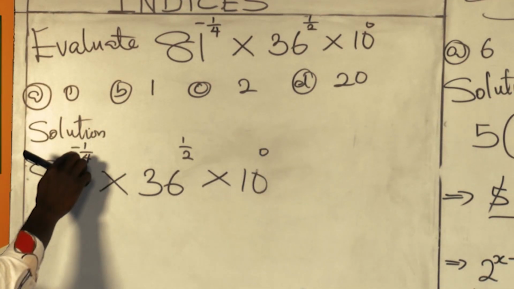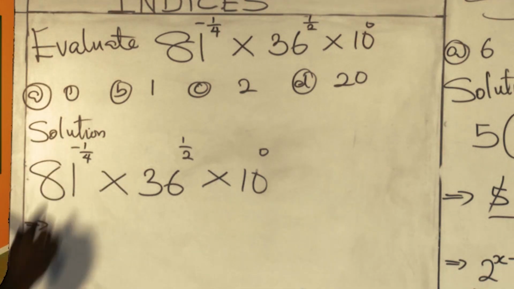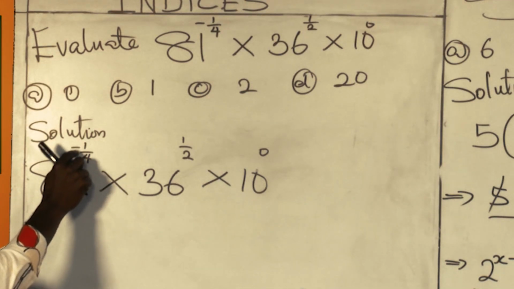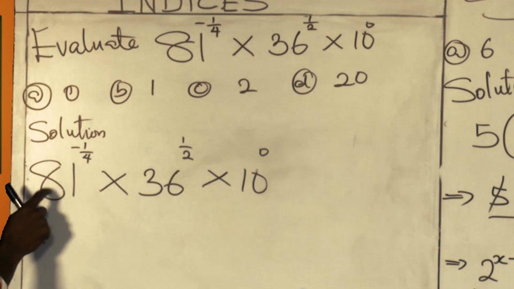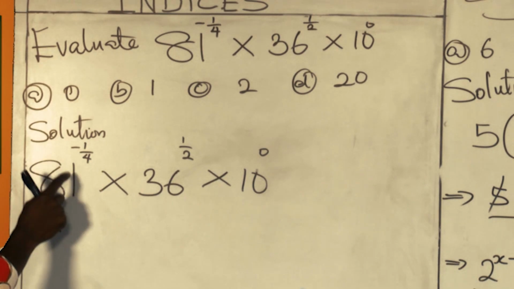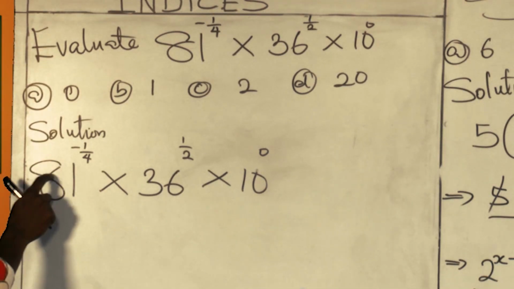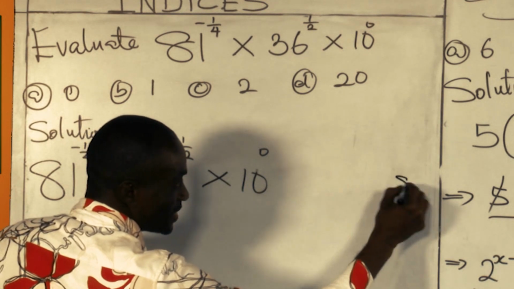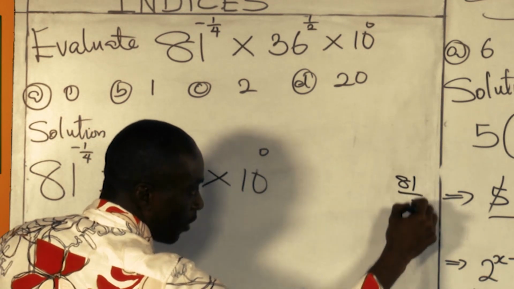Okay, don't forget I've talked about this negative power. To remove this negative power, you are going to find the reciprocal of the base. 81 is the base. This 81 is a whole number, which is the same thing as writing it as 81 over 1.